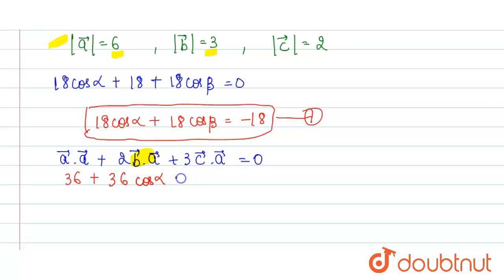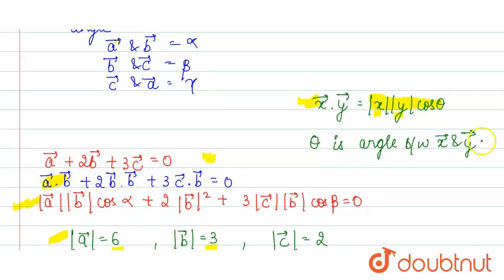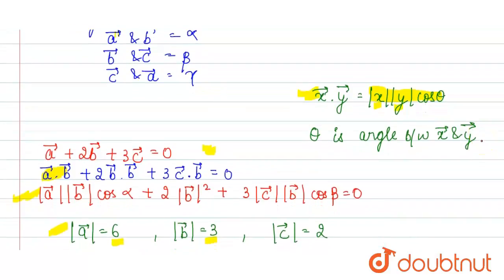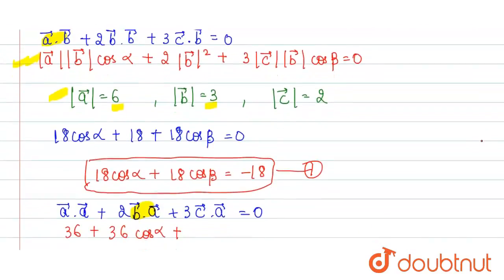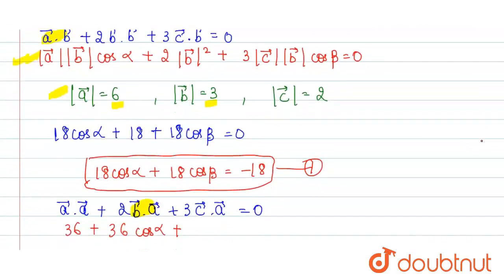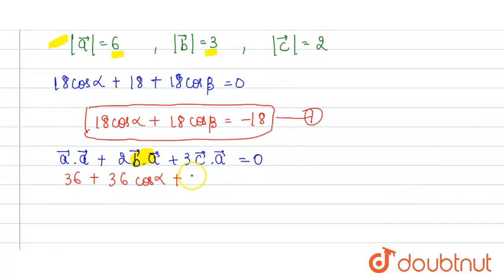Similarly here, again we use this formula, that is x vector dot y vector is equal to mod of x into mod of y into cos theta. So here mod of c vector into mod of a vector into cos gamma. So mod of c is 2, mod of a is 6, so 6 into 2 is 12 and 12 into 3 is 36 cos gamma is equal to 0.